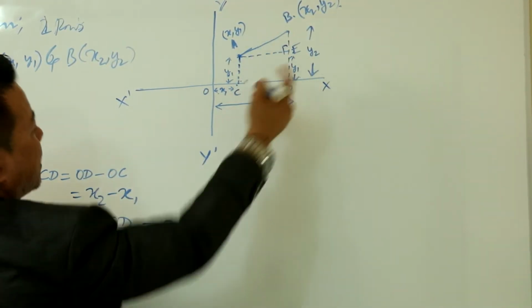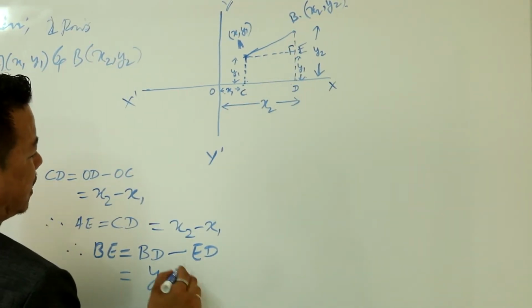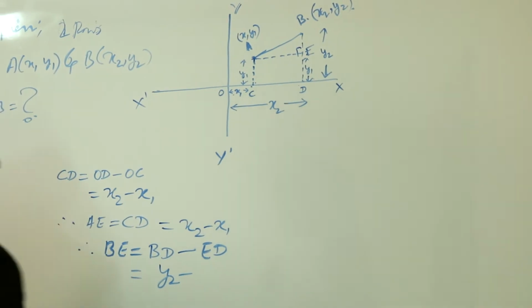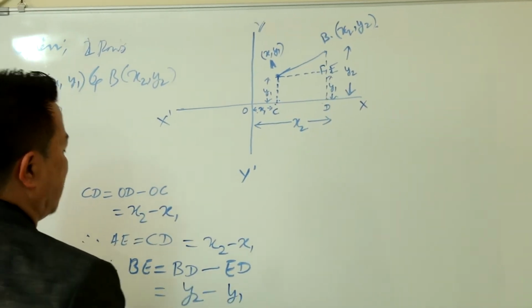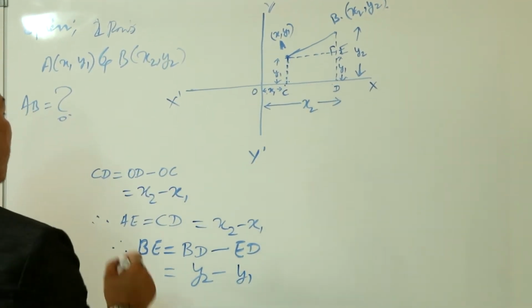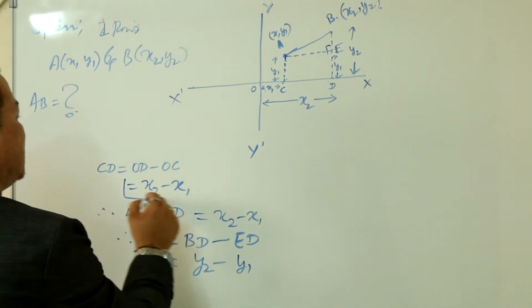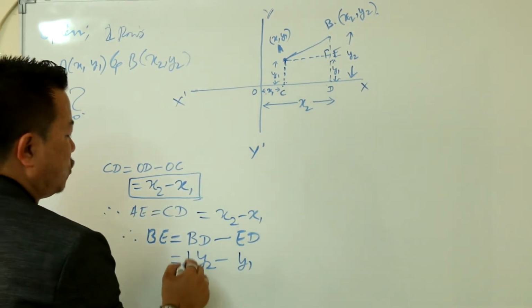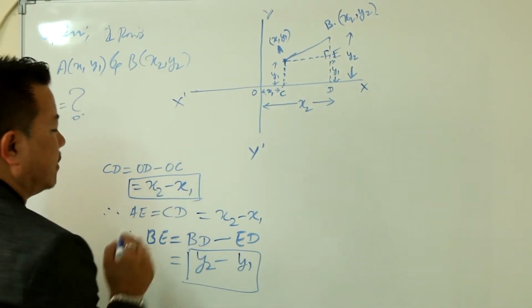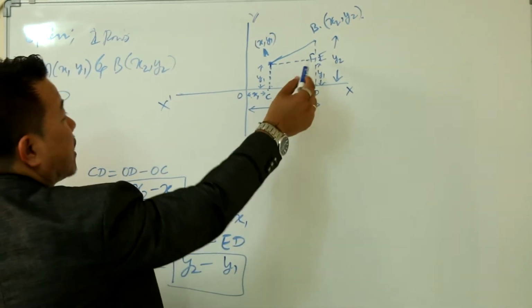The value of BD is y2, and the value of ED is y1. So we have got the value of CD as x2 minus x1, and we got the value of BE as y2 minus y1.